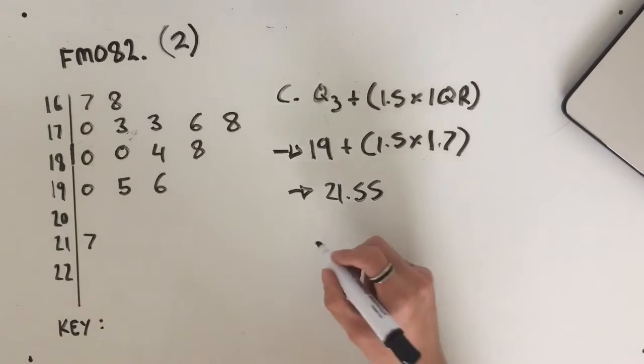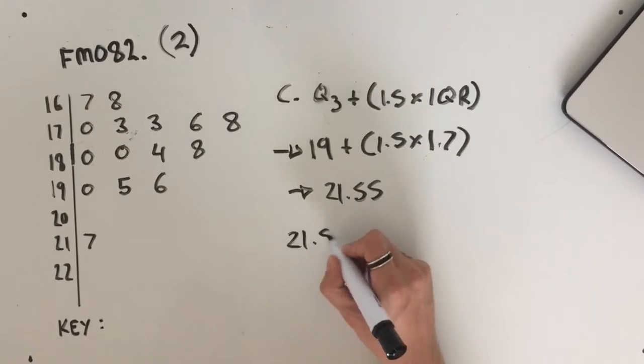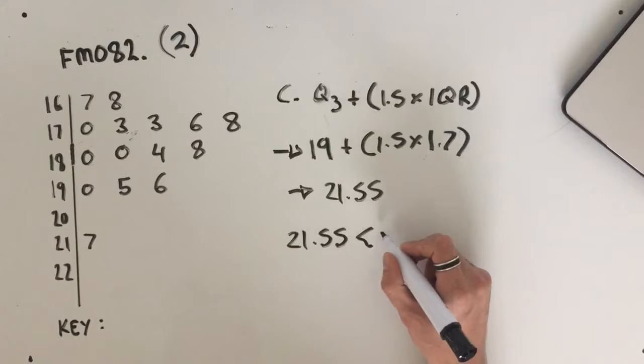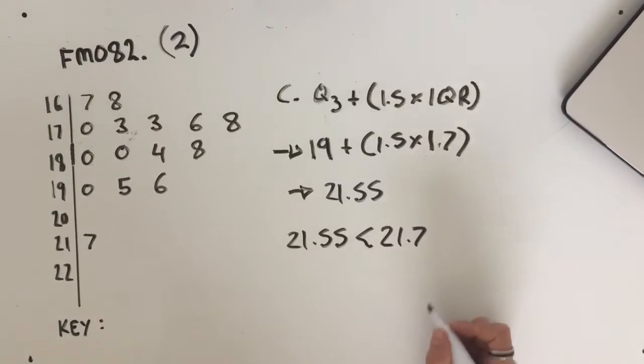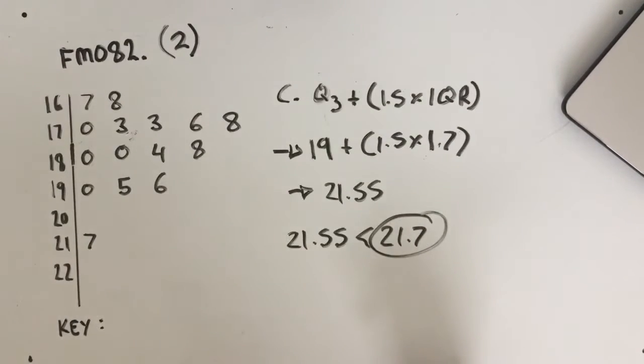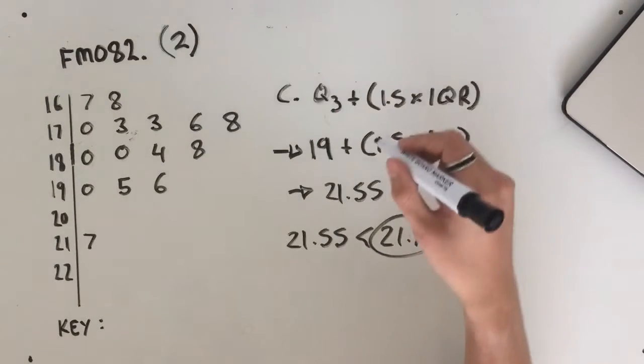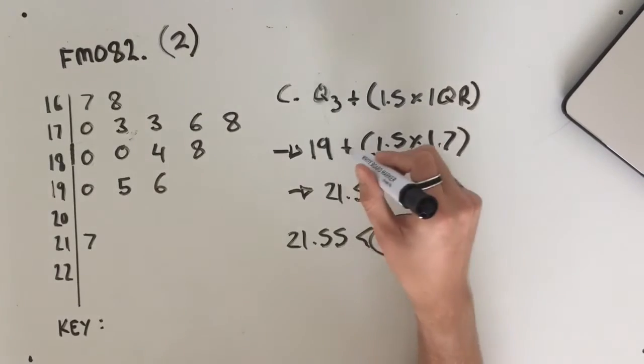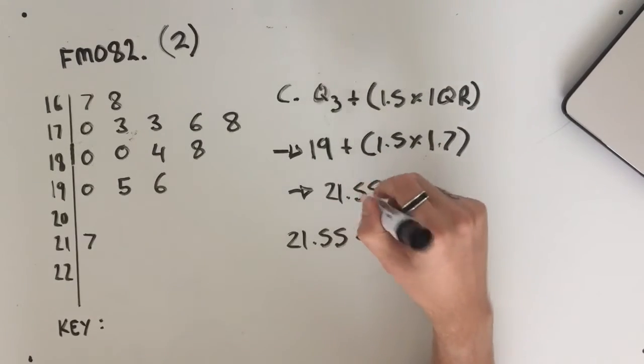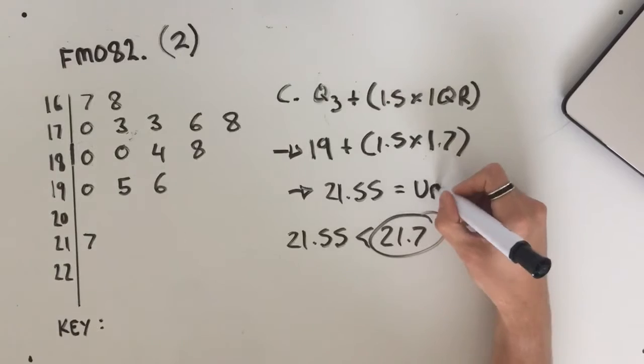Seeing as 21.55 is less than 21.7, 21.7 is going to be an outlier. So what they're looking for here, guys, is this calculation up here: finding the upper fence.